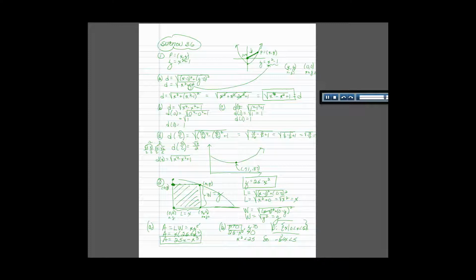C, it says to graph. Now, let's look at what our function is. Our function is A of x equals 25x minus x cubed. I'm going to have you put that in your calculator, but I want to tell you what the window should be. We know that the smallest x we can have is 0.